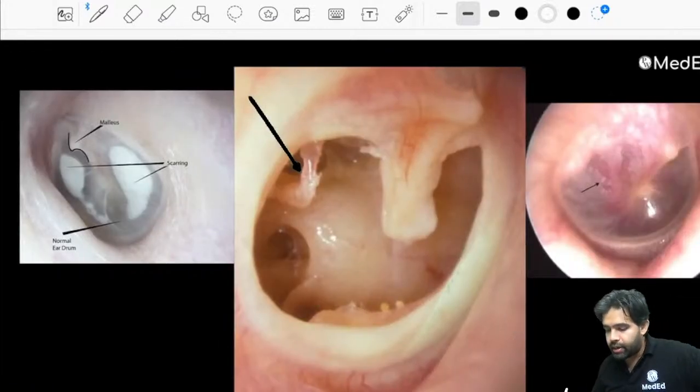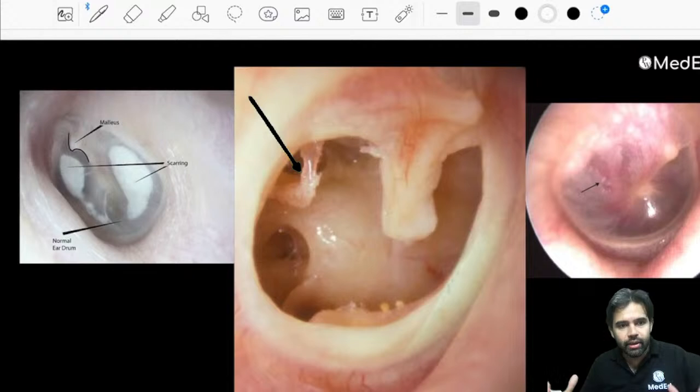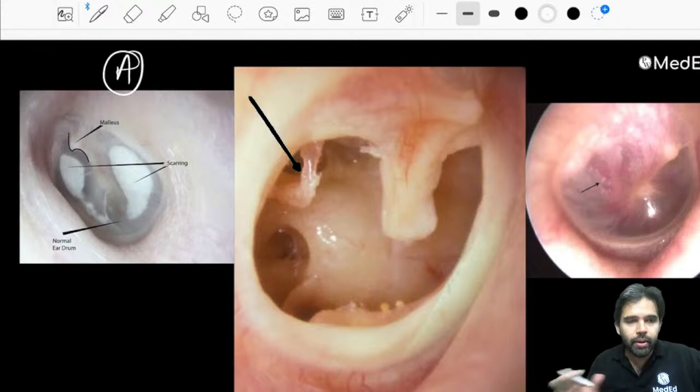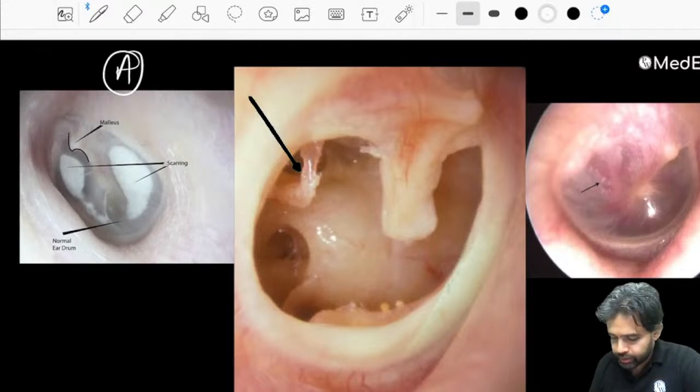Now here are some other conditions just to make you used to it. Now I'll move a little faster because we have to do nose and throat as well, and head and neck, but you're getting the hang of this. This A is also very commonly seen, and it is not a very abnormal disease condition.